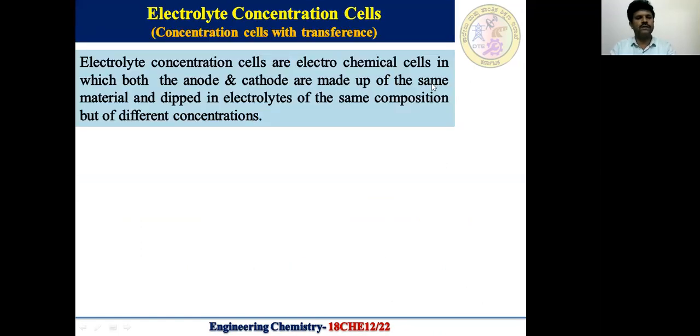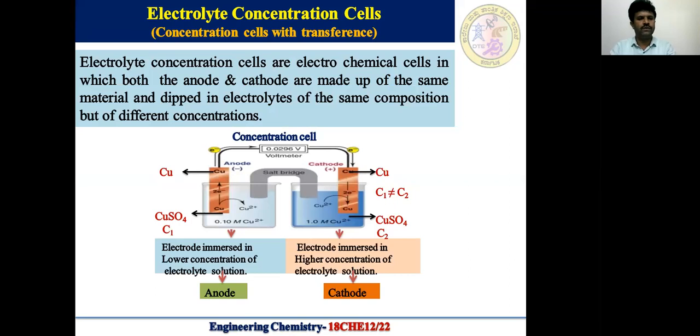Another important concentration cell is the electrolyte concentration cell, and these cells are also called concentration cells with transference, that means in the presence of salt bridge. As we discussed, electrolyte concentration cells are electrochemical cells in which both anode and cathode are made up of the same material or metal and dipped in the same electrolyte solution, but of different concentrations of electrolyte solutions.